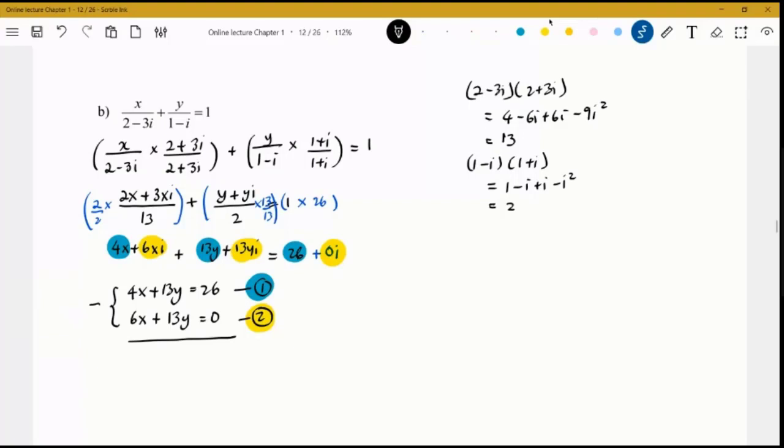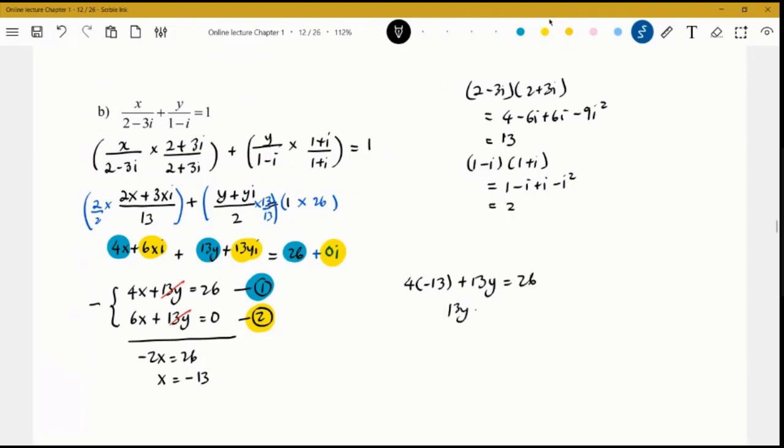Kita boleh hilangkan 13y. So end up will be negative 2x equal to 26. So x will be negative 13. Okay, x dah dapat. Boleh dapat y? Boleh. Okay, y kita boleh masukkan dalam salah satu equation. So let's say I put into the first one. 4 times negative 13 plus 13y equal to 26.